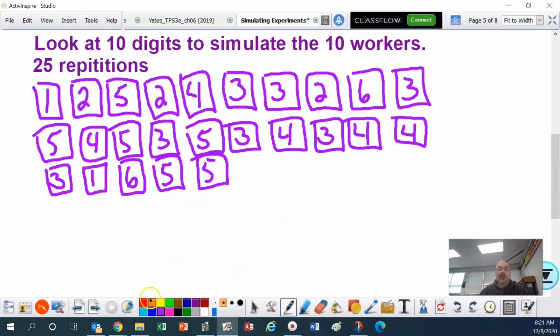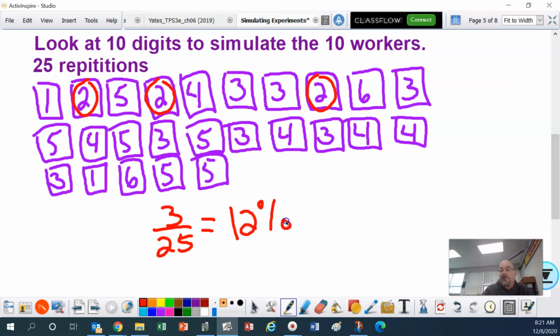So I notice, ladies and gentlemen, that there are 3 of them where there are 2 women in the company. So 3 out of 25, that ends up being 12%. So there's a 12% chance that 3 out of 25 times there's 2 women in that company.